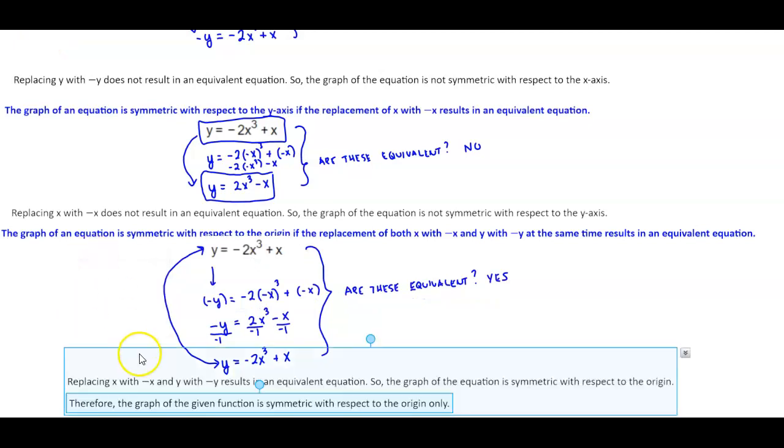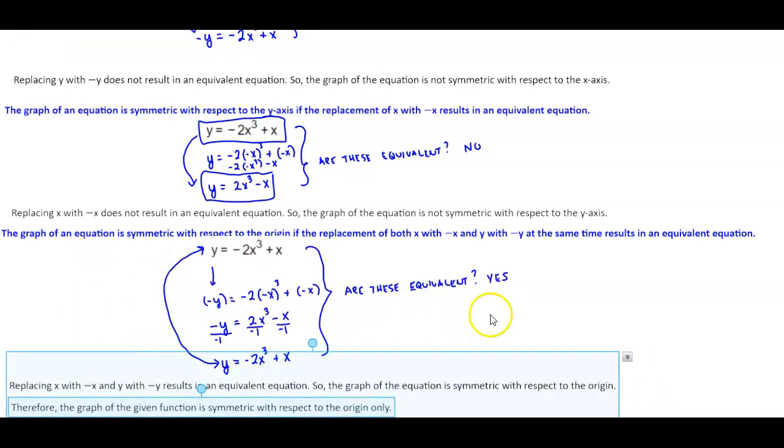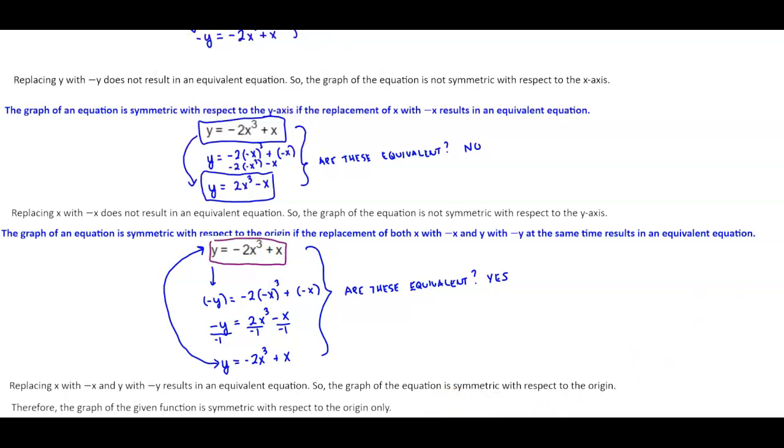So what we're going to see here is that replacing x with negative x and y with negative y results in an equivalent equation. So that means that we determined that these two are equivalent. Okay, so the graph of the equation is therefore symmetric with respect to the origin. Therefore, the graph of the function is symmetric with respect to the origin only.